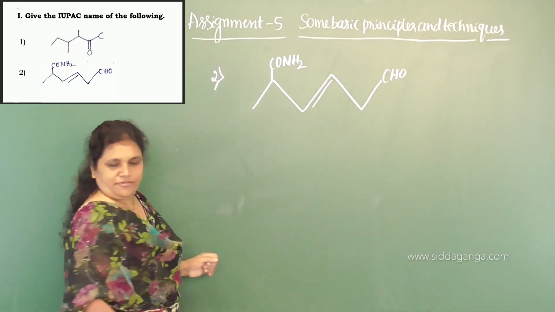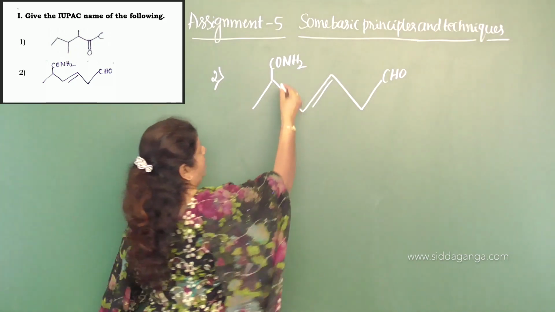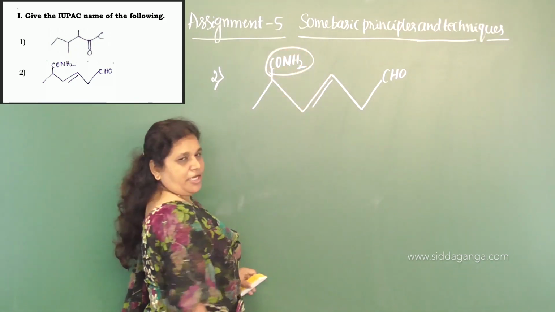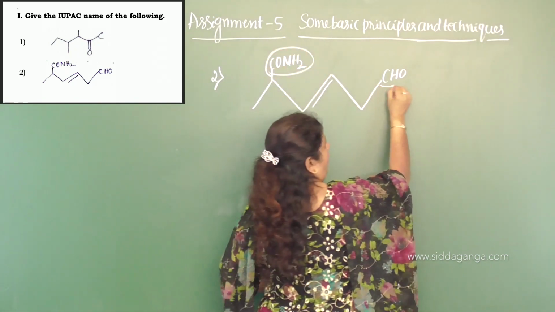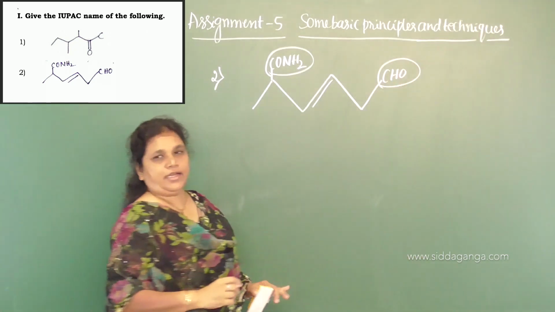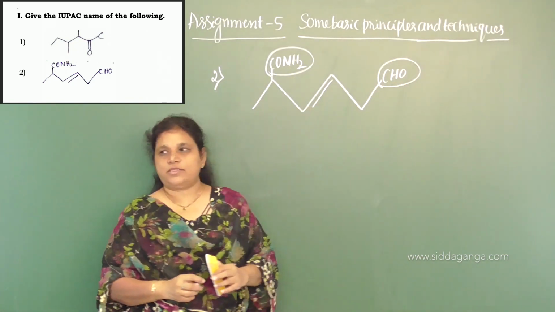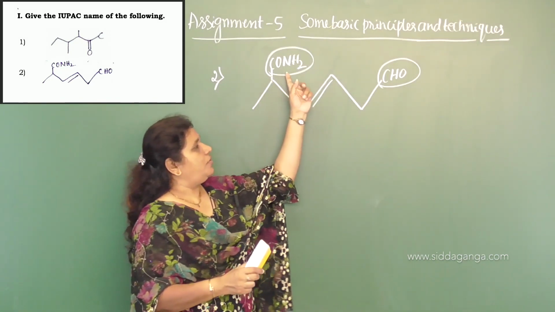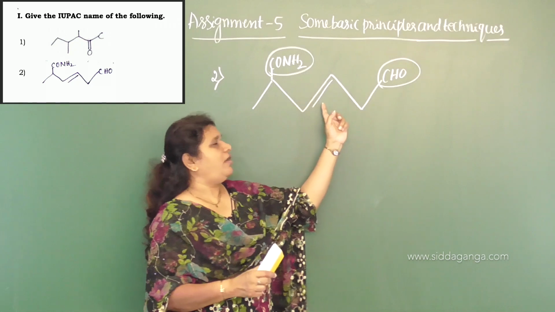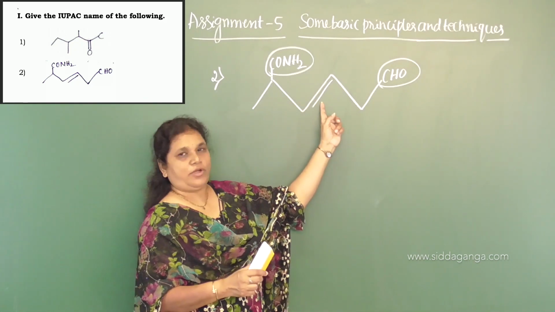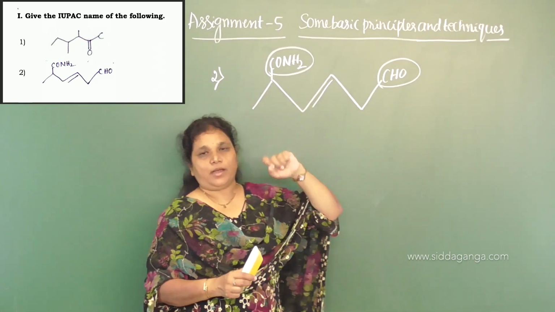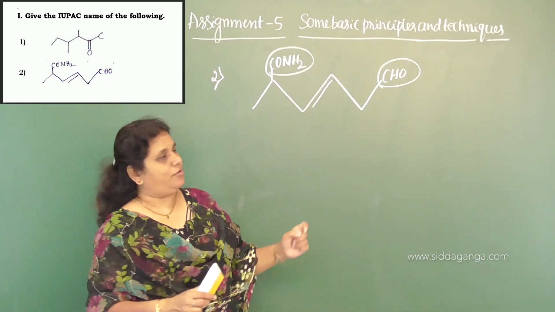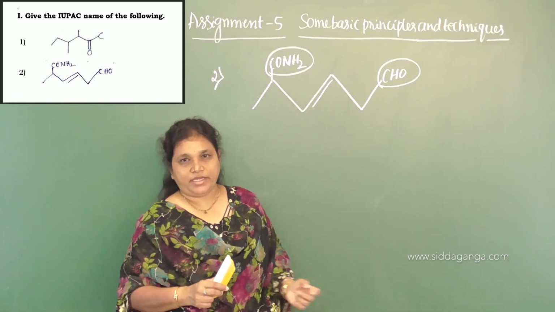Now identify the functional group first. As we know, we have the acid amide group as one functional group and CHO as another functional group. Along with that, it also contains a multiple bond, that is, a double bond, correct? So two functional groups and one multiple bond. Whenever a compound contains more than one functional group, we have to follow the priority table.